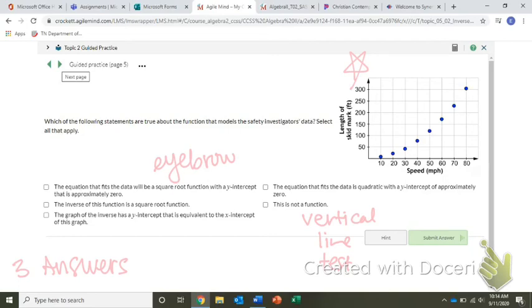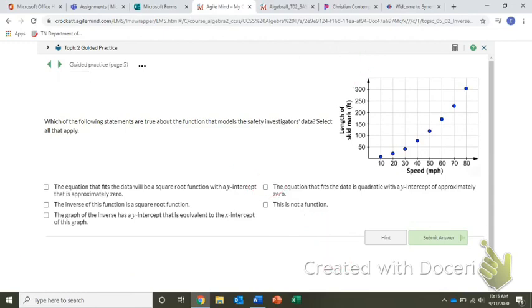The graph of the inverse has a y-intercept that is equivalent to the x-intercept of the graph. And the equation that fits the data is quadratic with a y-intercept of approximately 0. So it doesn't show us our y-intercept, so you need to pay attention to this one, okay? So don't forget, 3 answers. If you have questions, let me know.